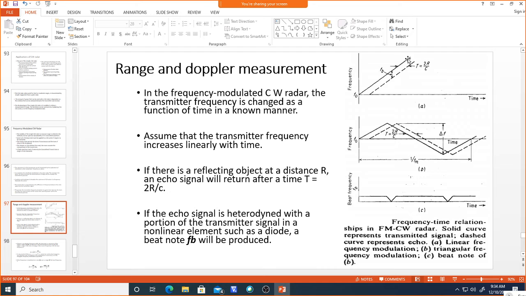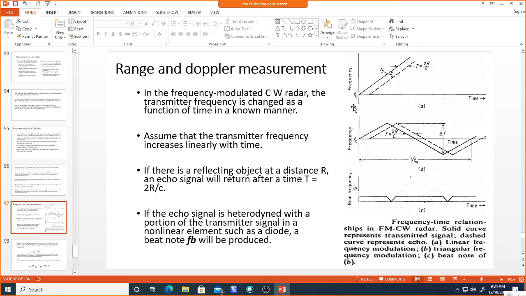Here it is different with triangular frequency modulation, where we use a triangular wave to modulate. These are the different methods we can use. Instead of triangular you can use sawtooth, or any other, like a sine wave also. Based on the application requirement, we can use the modulation differently.